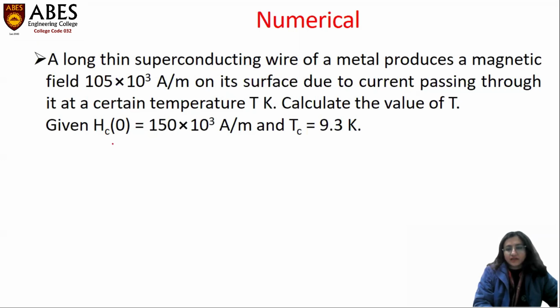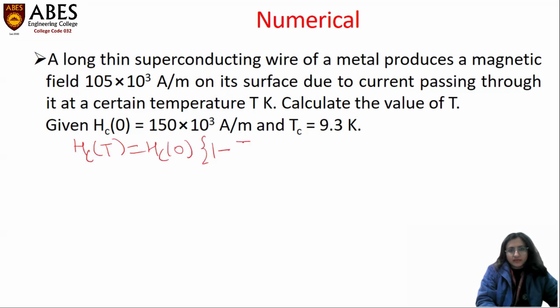Given is the critical magnetic field at 0 Kelvin, and the critical temperature is given as 9.3 Kelvin. The formula we are going to use for this question is HCT = HC0 (1 − T/TC)².